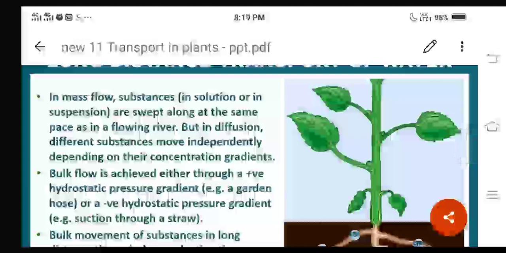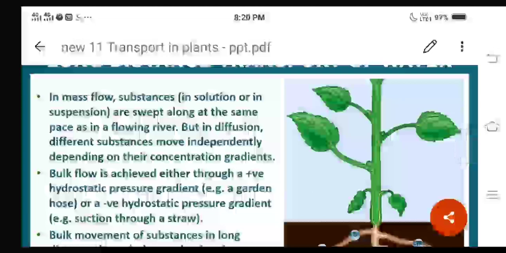While we are drinking soft drinks, we use a straw, which means we pull the soft drink present in the bottle with the help of the straw, and only then will that cold drink come into our mouth. Like that, in plants there is the development of negative hydrostatic pressure gradient as well.